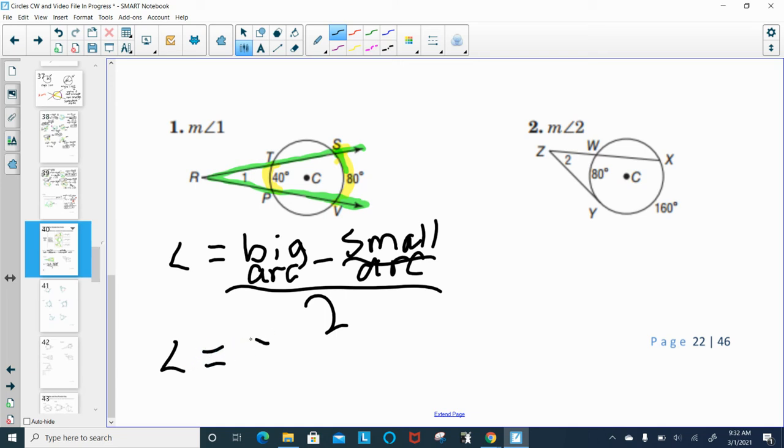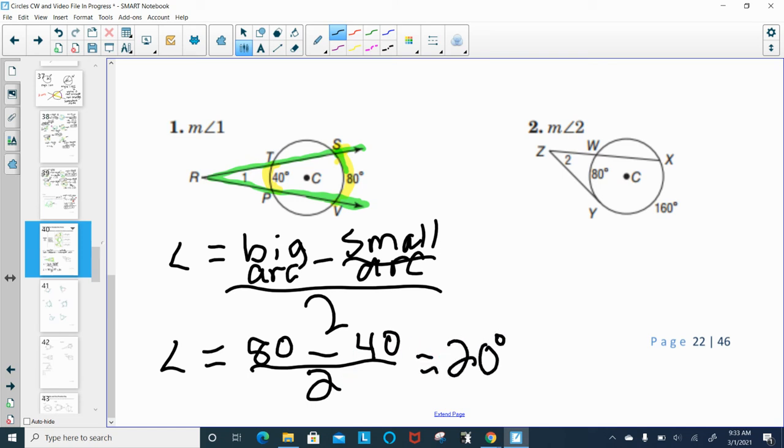So we need to do 80 first because that's the bigger arc. And we can probably do this particular problem without having to worry about Desmos. We could do 80 minus 40 is 40, and 40 divided by 2 is 20. Okay, so that's what we're doing.